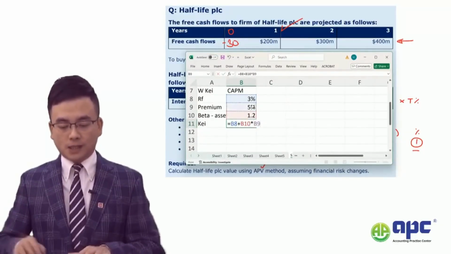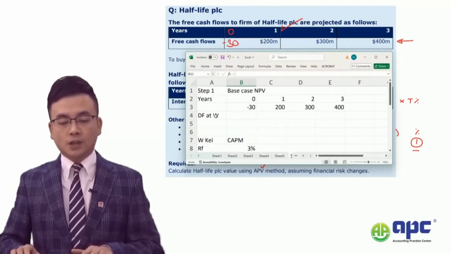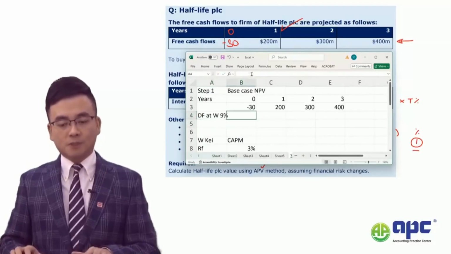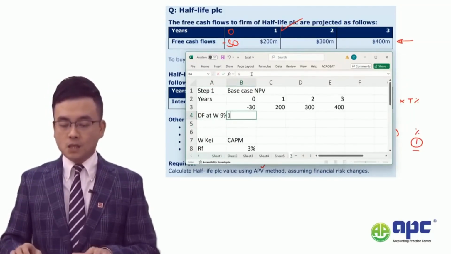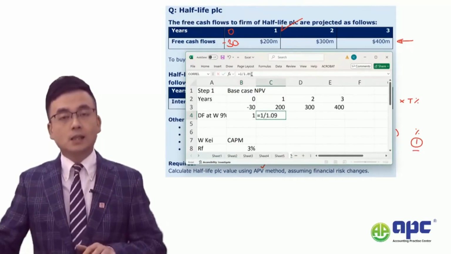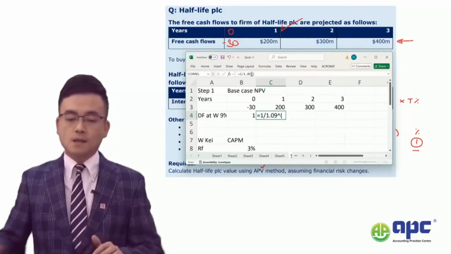So at 9%, at time naught, 1 over 1 plus 9% to the power of 0 would be 1. Then 1 over 1.09 to the power of, open the bracket, 1.